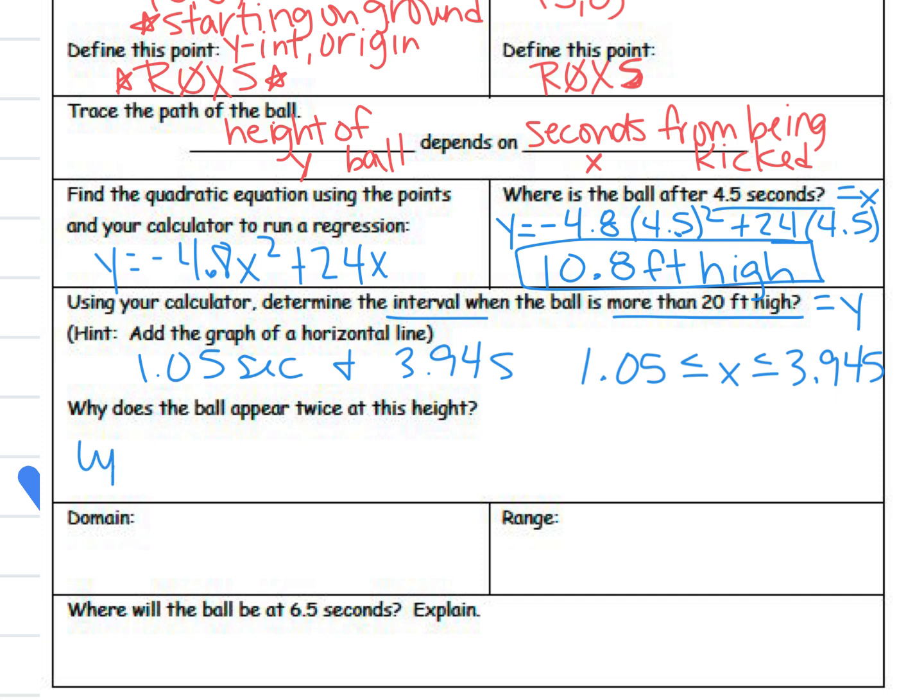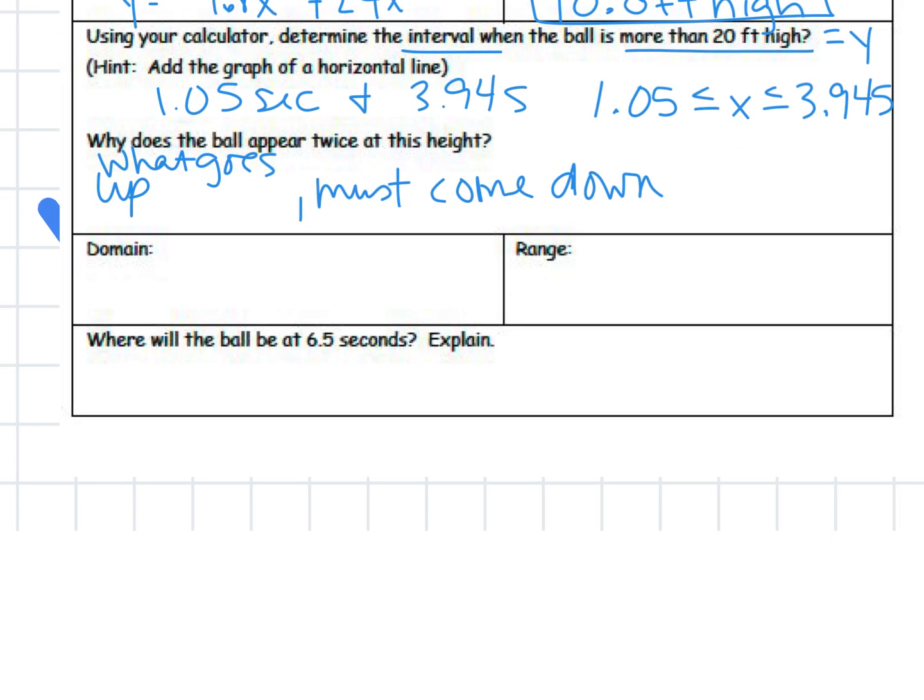So why does it appear twice? What goes up must come down. Our domain, because we do have a starting and a stopping, was 0 less than or equal to x less than or equal to 5 on our seconds.